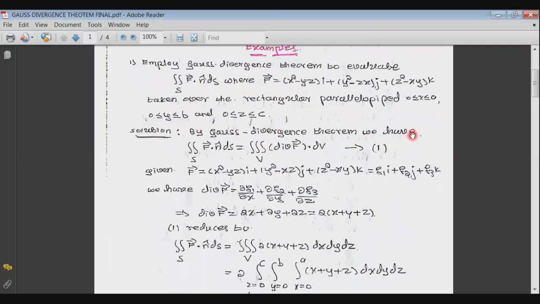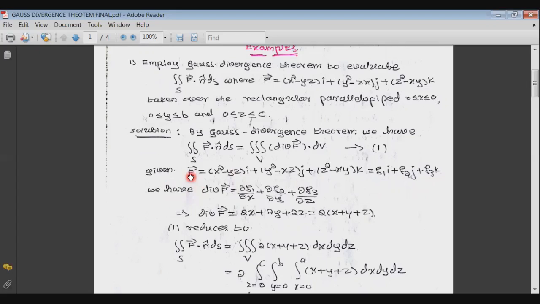Now, according to the Gauss divergence theorem, we have the surface integral equal to the triple integral over the volume V of divergence of F bar dV. First of all, we have to find the divergence for the given vector, F bar equal to (x square minus yz) i plus (y square minus zx) j plus (z square minus xy) k, which is of the form f1 i plus f2 j plus f3 k, where f1, f2, f3 are the components.